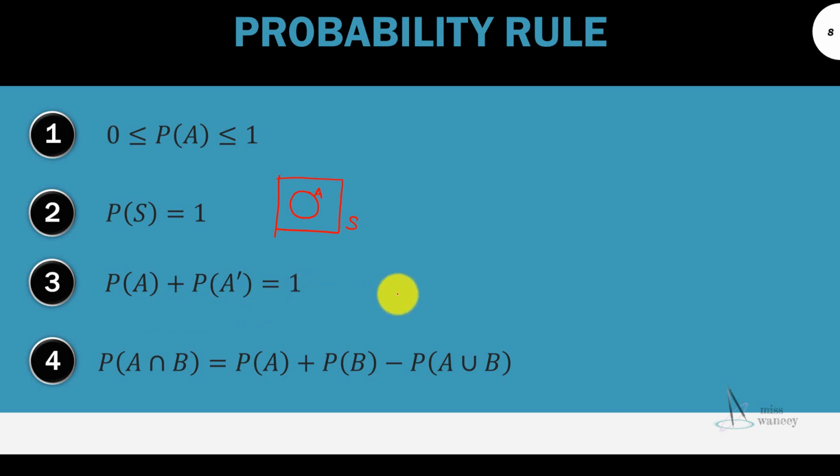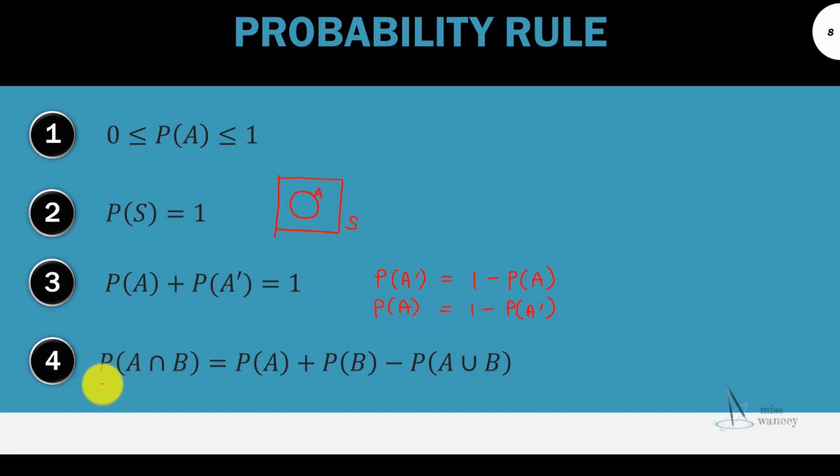And then of course you can rearrange them, so probability of A prime is 1 minus probability of A. Or you can also have probability of A equal to 1 minus probability of A prime. So this can be called prime or complement.